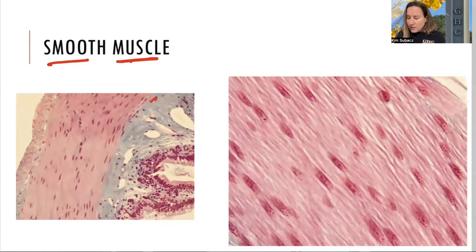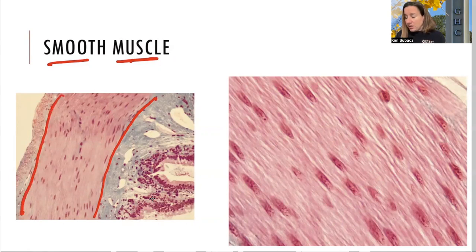So here, going along, what looks to be, this looks like a GI slide, is smooth muscle. And if I zoom in on it, we have all of these cells. This is called smooth muscle because unlike skeletal and cardiac, those had striations.